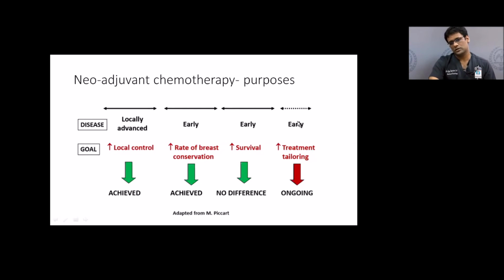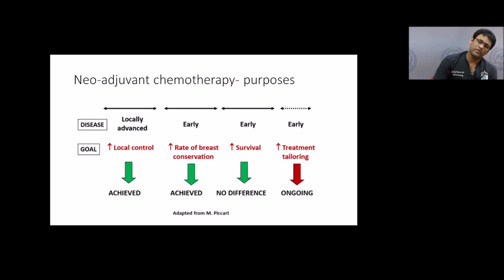And the latest application of neoadjuvant chemotherapy is this. By giving chemotherapy to a patient who comes to us initially, we give them all the chemotherapy that we want. And then at the end of surgery, we get the surgical pathology and we see how well our chemotherapy performed. So it's like an in vivo trial of chemotherapy.